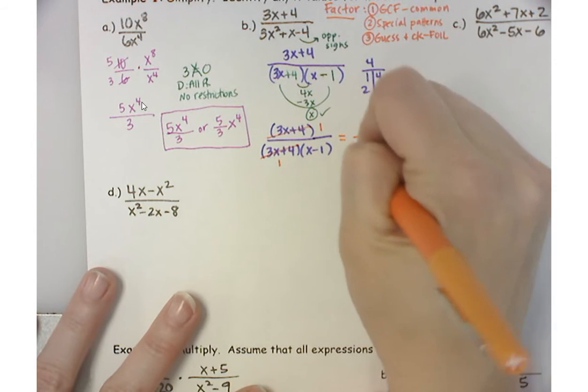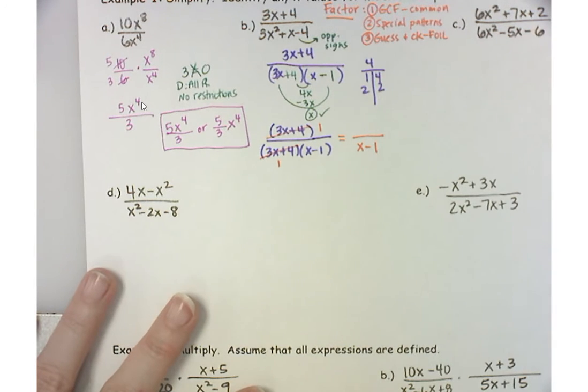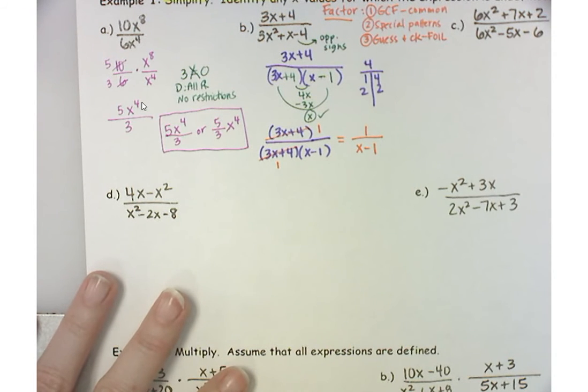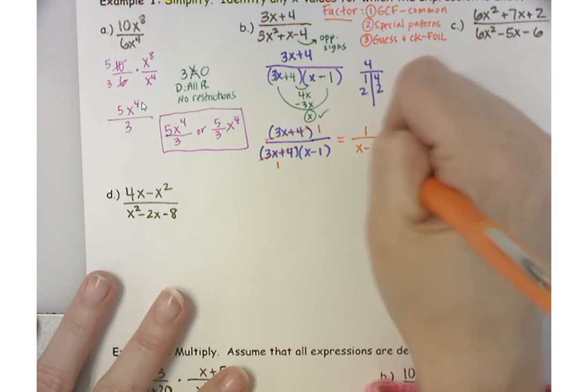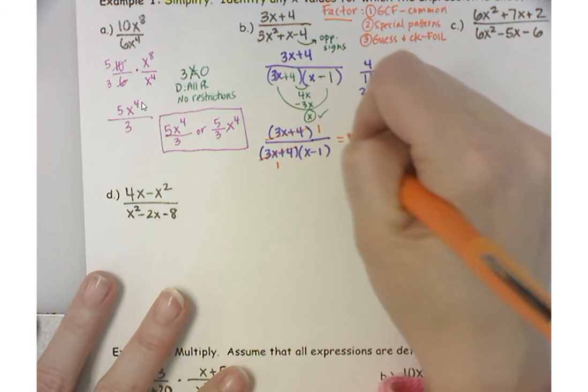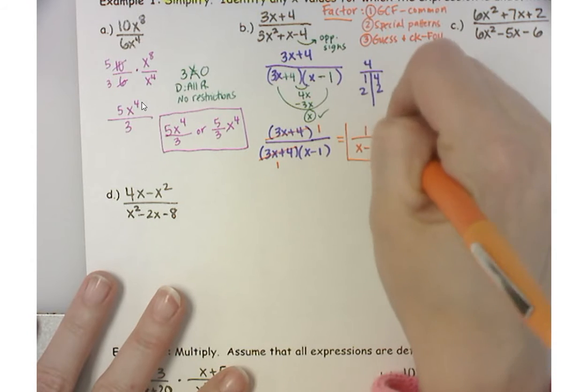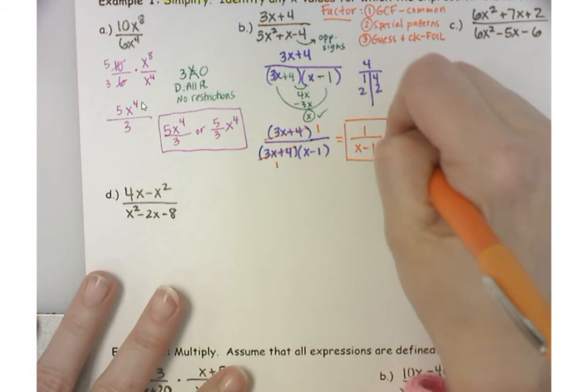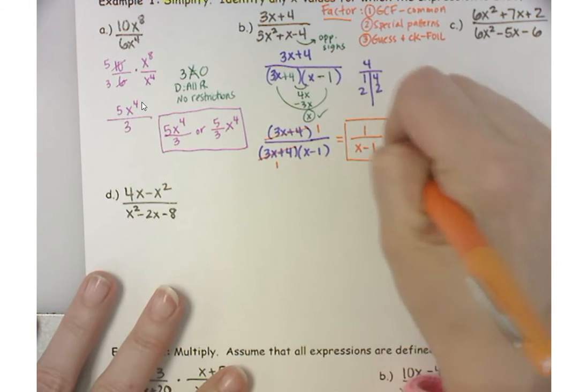So you can't just say it's x minus 1. You have to keep your placeholder there. Now we have to find where the restrictions are. So this is going to be 1 over x minus 1, where x cannot be. Now looking at this, I hope we can look at that and already see what x cannot be for this: 1. Because if you plugged in 1, what would the denominator be? 0.